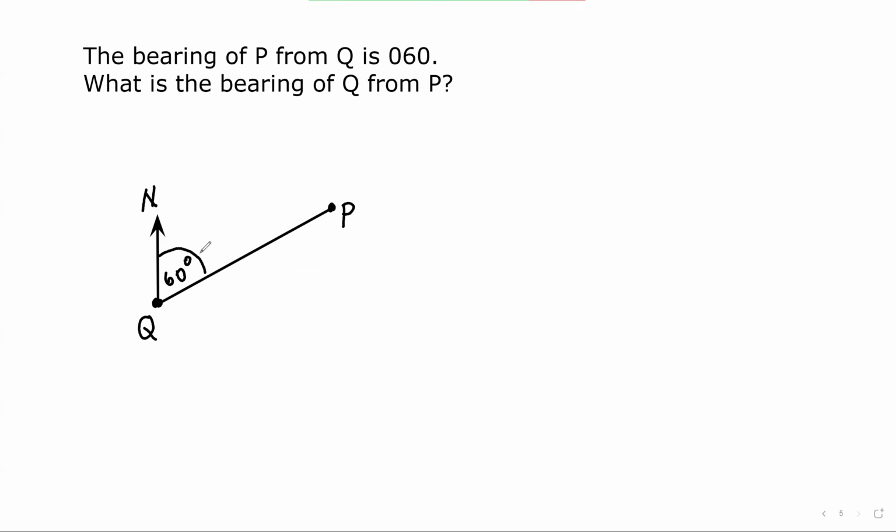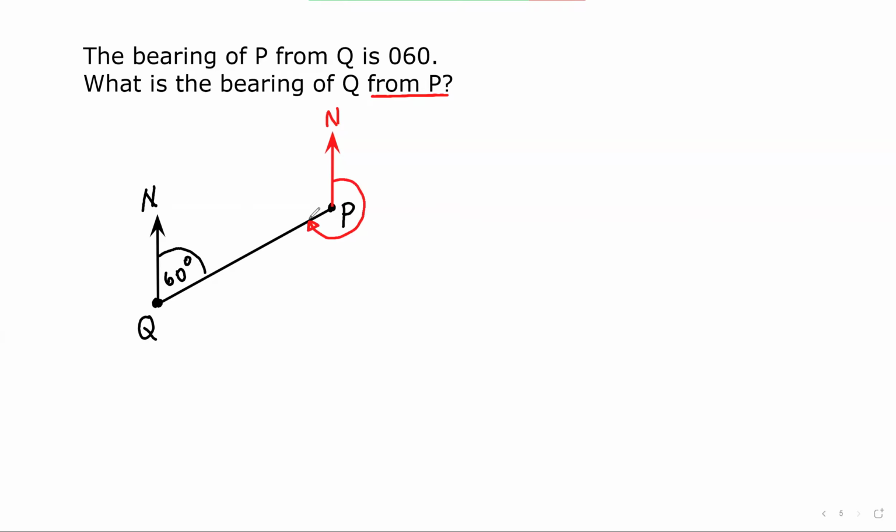All right. So if I want to find out the bearing of Q from P, from P I need to put a north line at P. So a new north line is going to go here. And the bearing is going to be on the outside here because that's the clockwise angle.